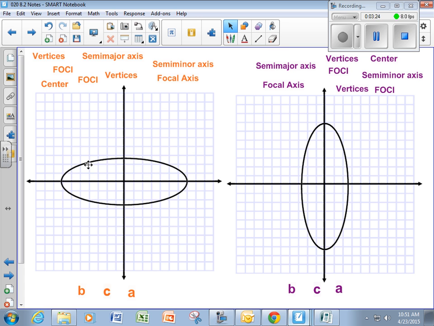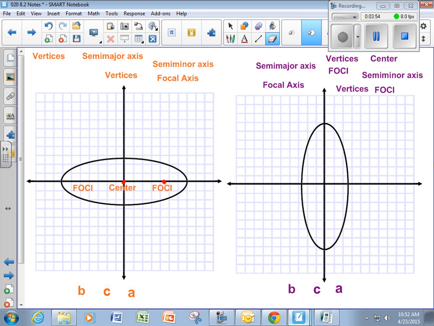There was a lot of vocab in this particular section, so I just want to make sure we have everything straight. Center, I think, is pretty easy. Now the foci are going to be inside here, a specific distance away from the center. We call this distance from the center to the foci our C value.